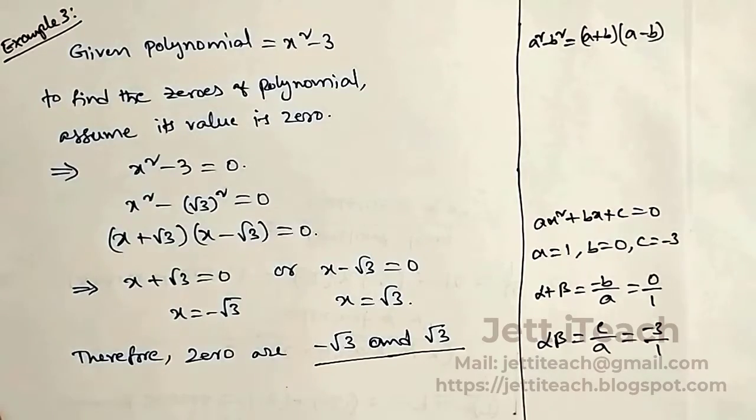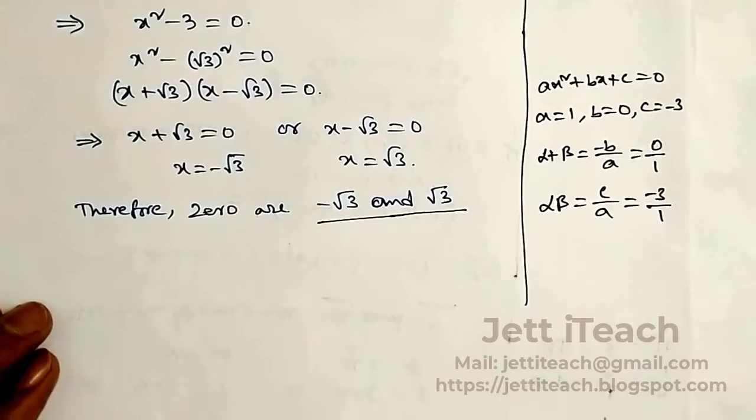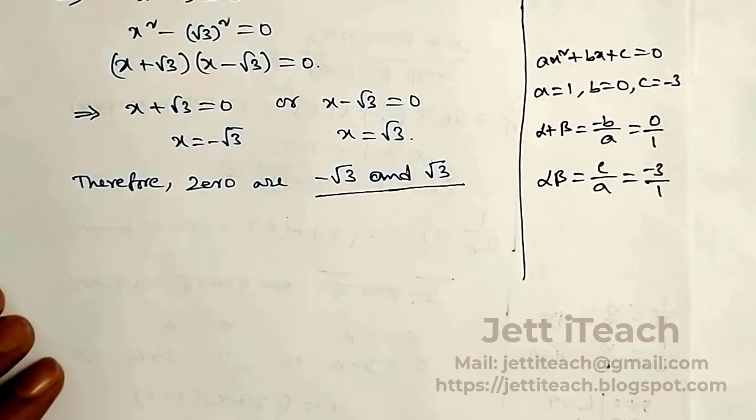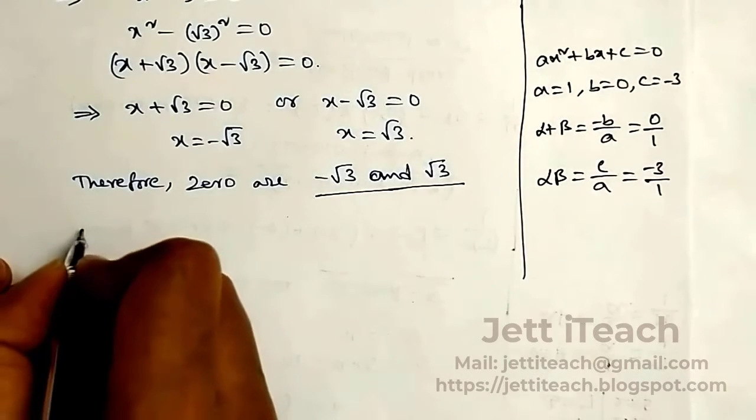Now we can write some observation or relationship between zeros and coefficients.